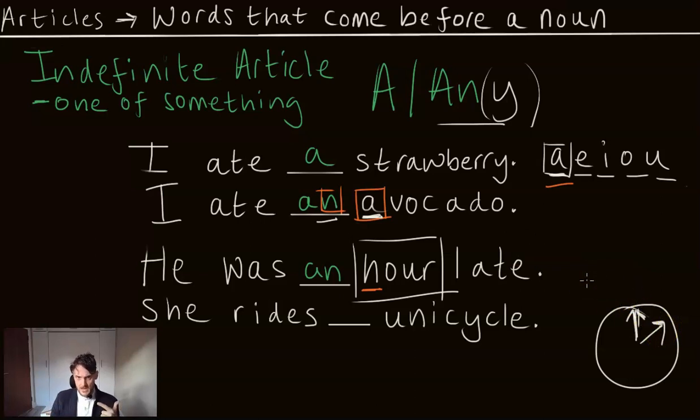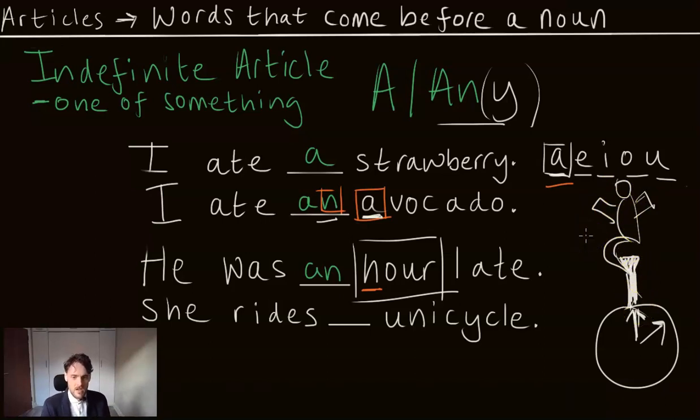Let's look at the other side of the problem. She rides an unicycle. Okay, what do we do? It was any unicycle, and a unicycle, as you know, is the one-wheel bicycle. Yes? Okay, that we sometimes see at the circus. Listen to the word, unicycle.